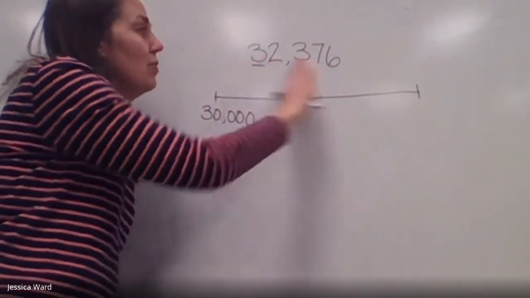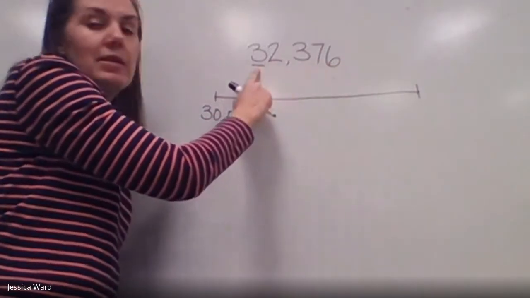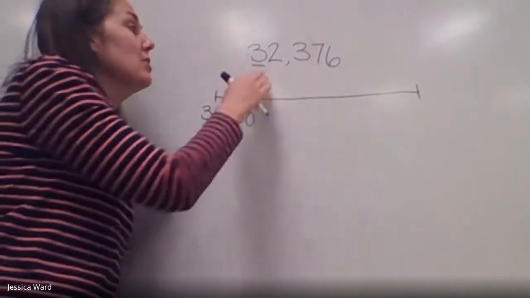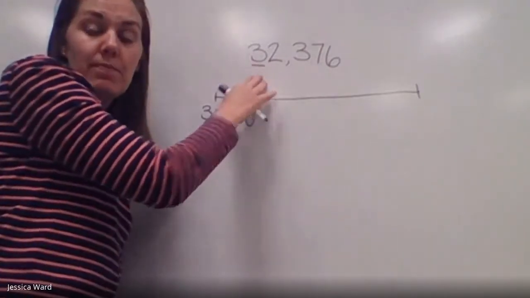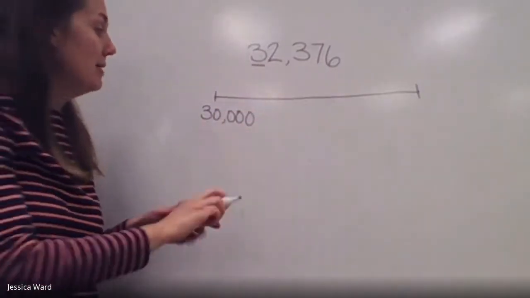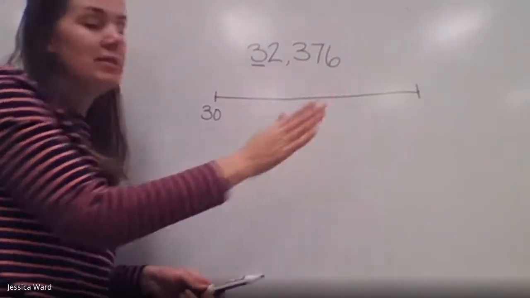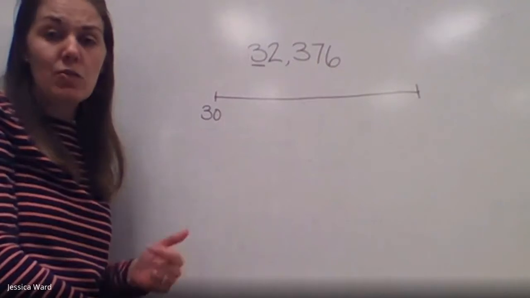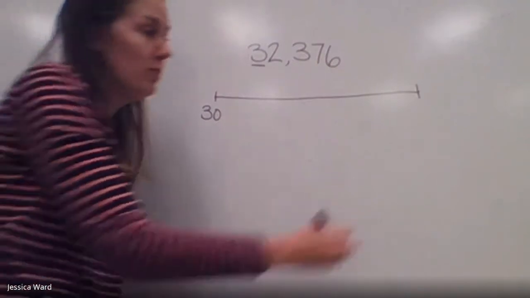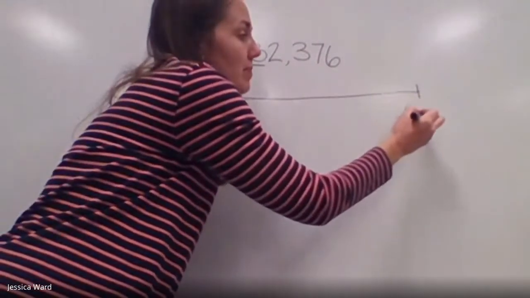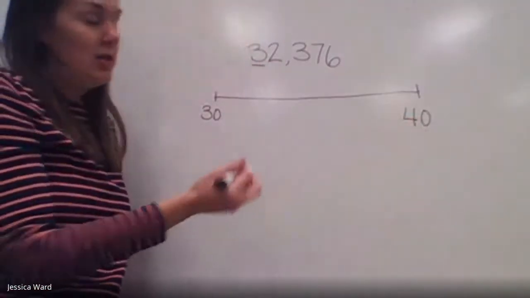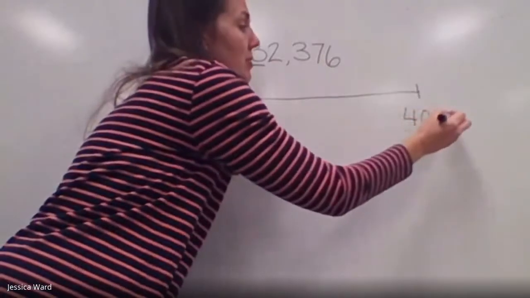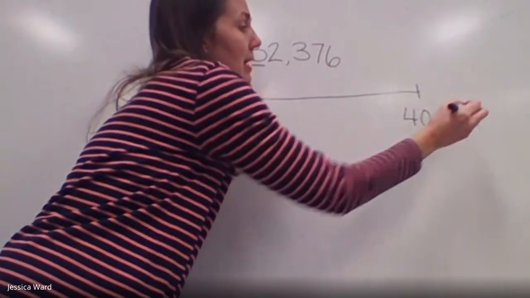Because if I just ignore all of the other numbers, this is 3 in the 10,000th place. 3 tens is 30. So this would be 30,000. If I'm counting by tens, again, I'm going to make my problem easier by erasing my zeros. If I were counting by tens, 10, 20, 30, 40 would be the next 10. And now I'm just going to go back in and add in my extra zeros.